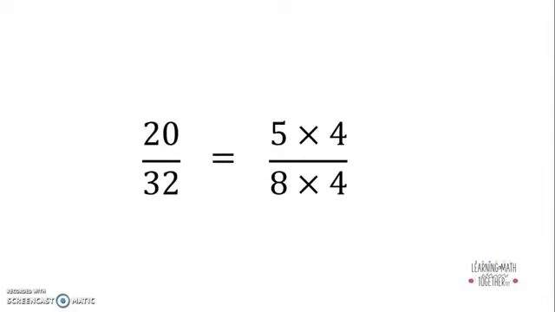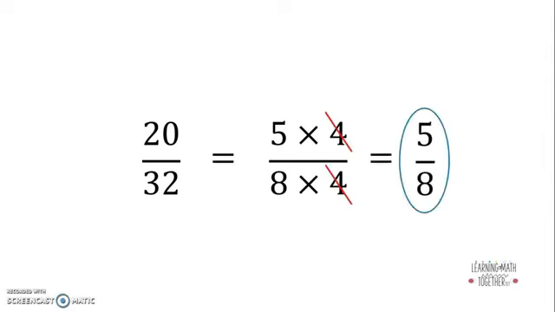Now we proceed to simplifying this fraction by simply crossing out a pair of numbers. So we cross out 4 because it is common, which leaves us now the answer of 5/8. Thus, the simplified answer of 20/32 is 5/8.